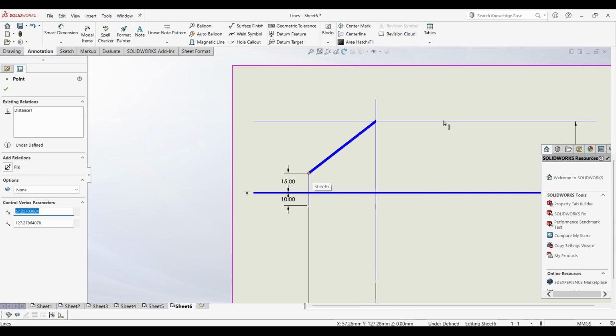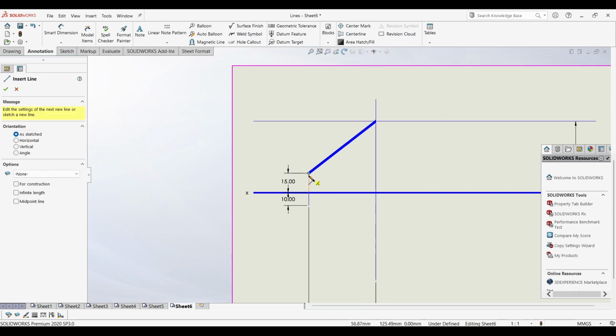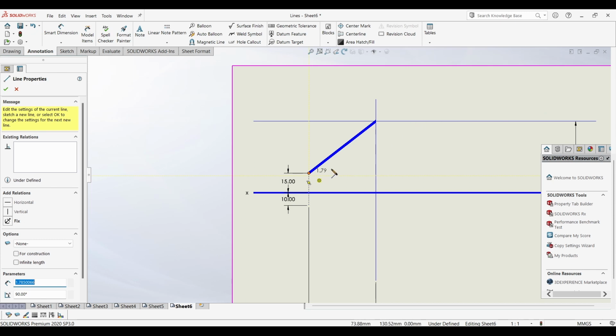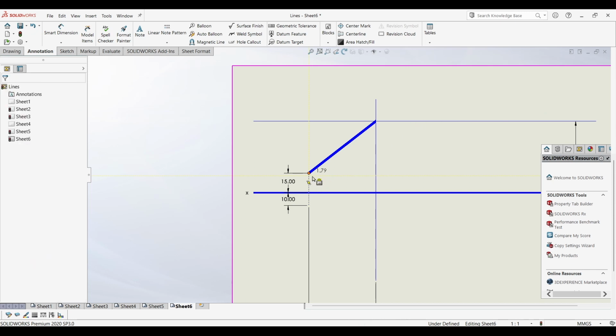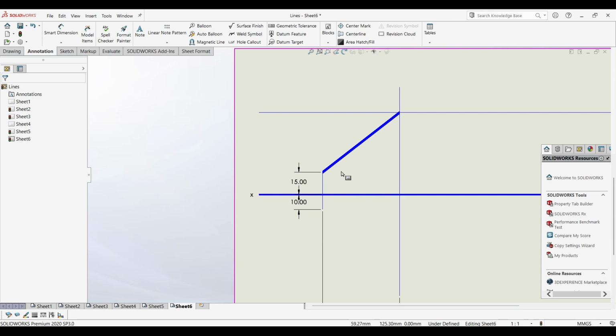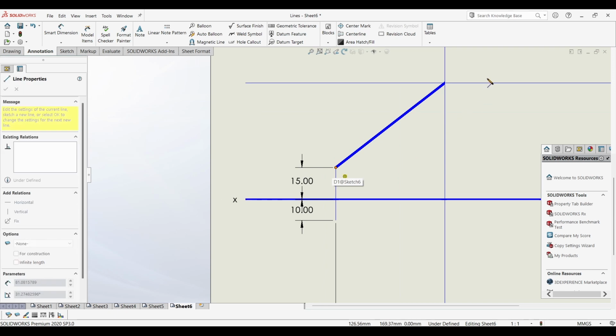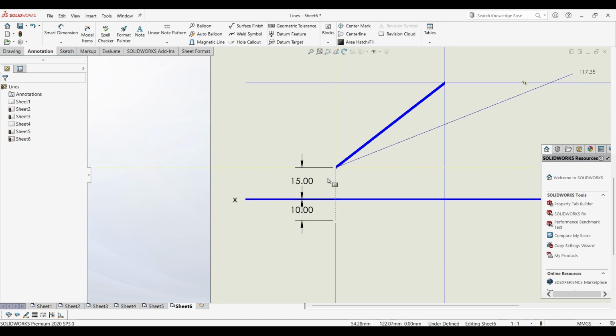I'll change the thickness later, so I'll go with the default thickness. So I will draw this line till here, wherever it goes. But the thing which I know is it is at 30 degrees because it is given to us.